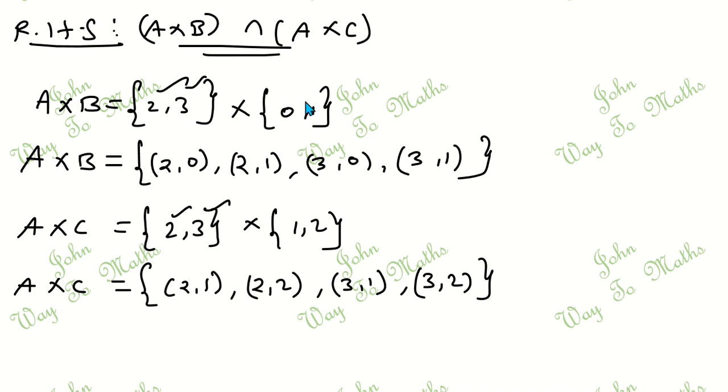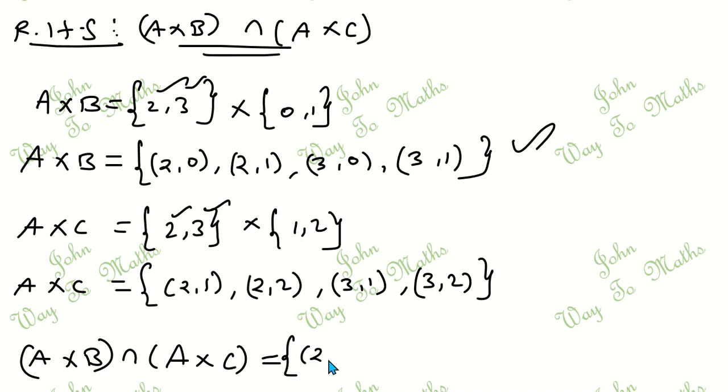So now I'm going to apply the RHS formation. A cross B intersection A cross C, which is equal to, so A cross B becomes this one here 2 comma 0, 2 comma 1, then 3 comma 0, then 3 comma 1.